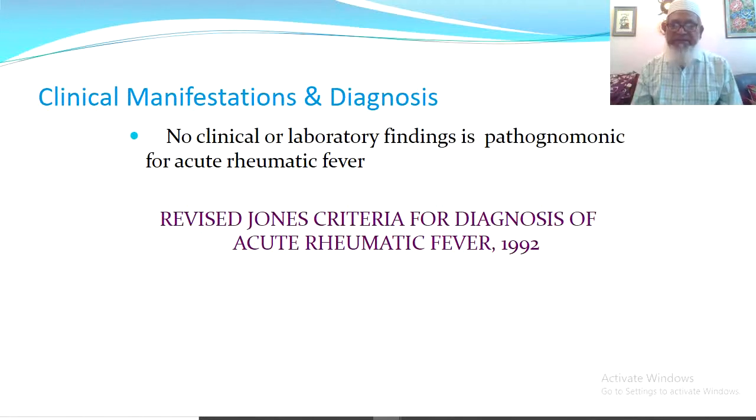Clinical manifestation and diagnosis: no clinical or laboratory finding is pathognomonic for acute rheumatic fever. However, there is the revised Jones criteria for the diagnosis of acute rheumatic fever, which was made in 1992.